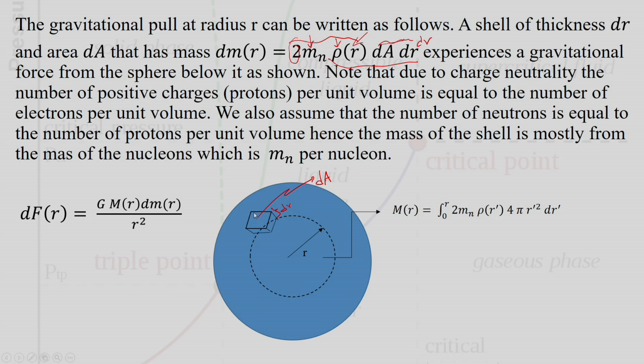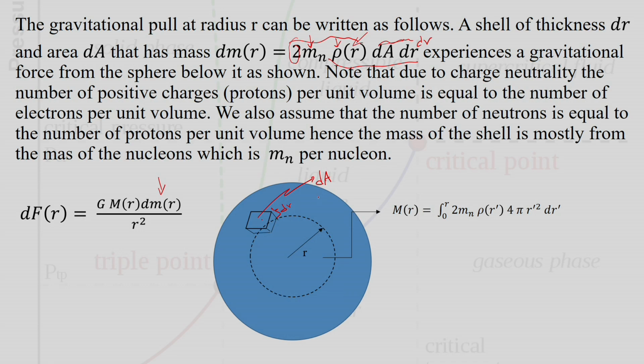I hope that is clear. That is the dm, the mass contained in this box, and it experiences a gravitational force. You know from Newton, who showed this 300 more years ago, that the force on this is due to the mass contained inside this region.